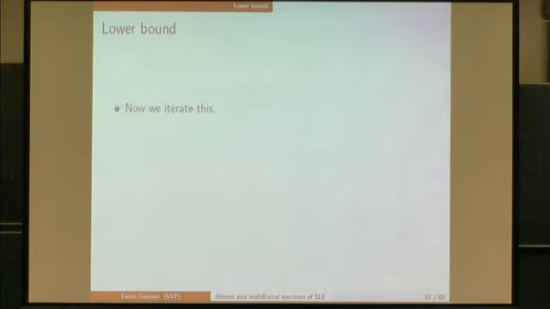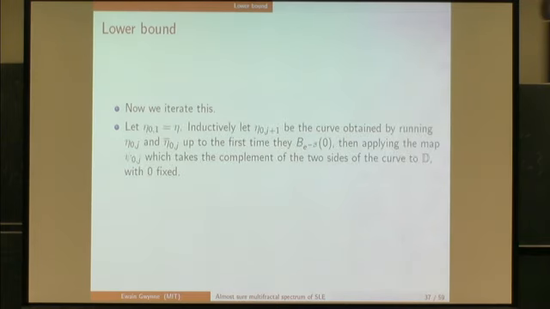So in order to define our desired events, we're going to iterate this procedure. We define eta 0,1 to just be the curve eta.